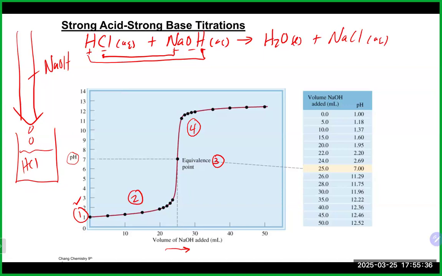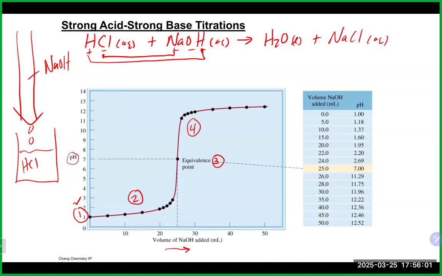That means we need to do our calculation in moles. So this is another situation where you're adding constant volume. So the molarity is constantly changing, but we do need to use moles when we do an ice table. And you will need to do an ice table because we are going to get a reaction that's going to occur, obviously, between the HCl and the sodium hydroxide.